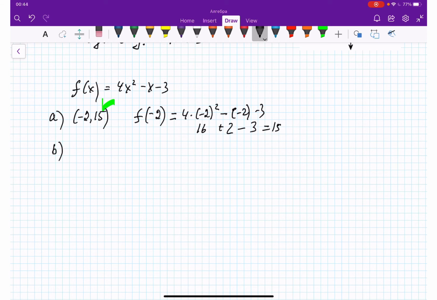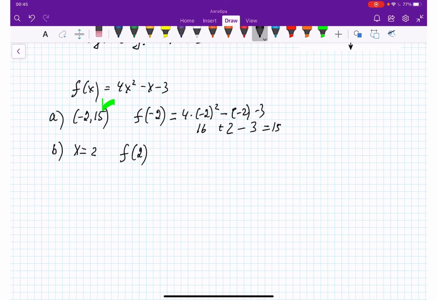Question number 2, B. What is f of x at x equal to 2, and what point is on the graph of f? Okay, so we need to find f of 2. So we practically need to evaluate f of 2.